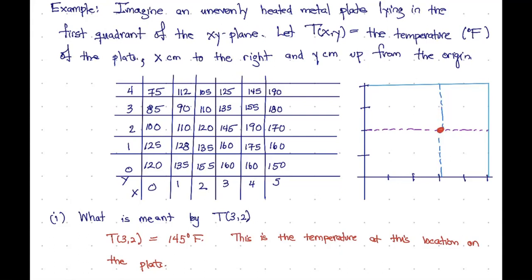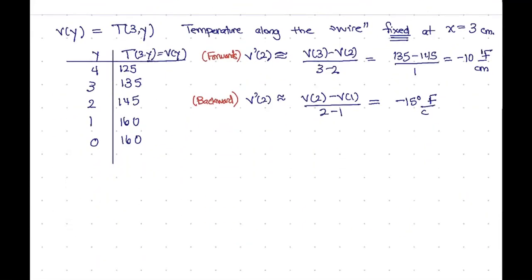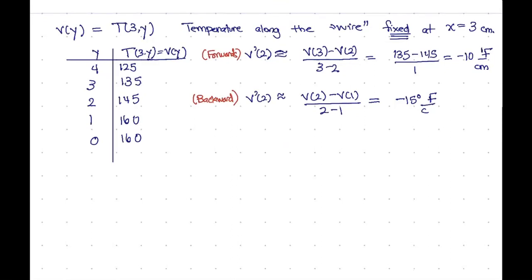So directionality mattered. The temperature changed in two different ways. The temperature is decreasing at 3, 2 along the vertical wire.